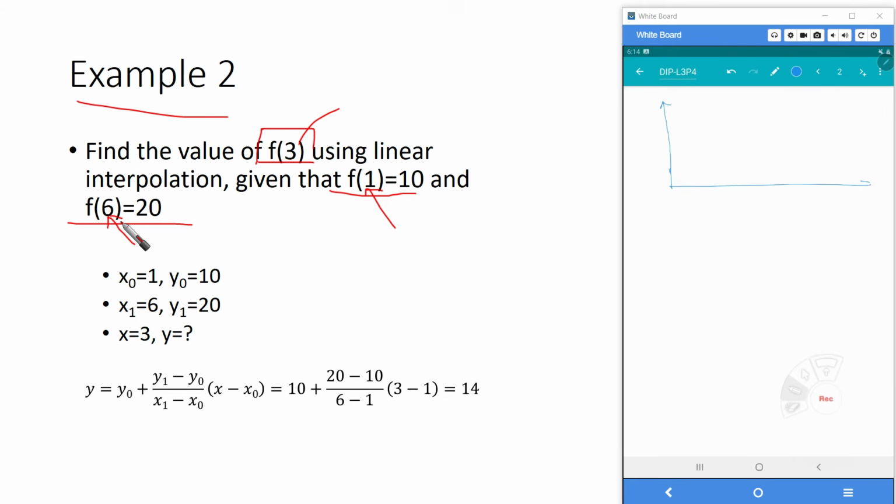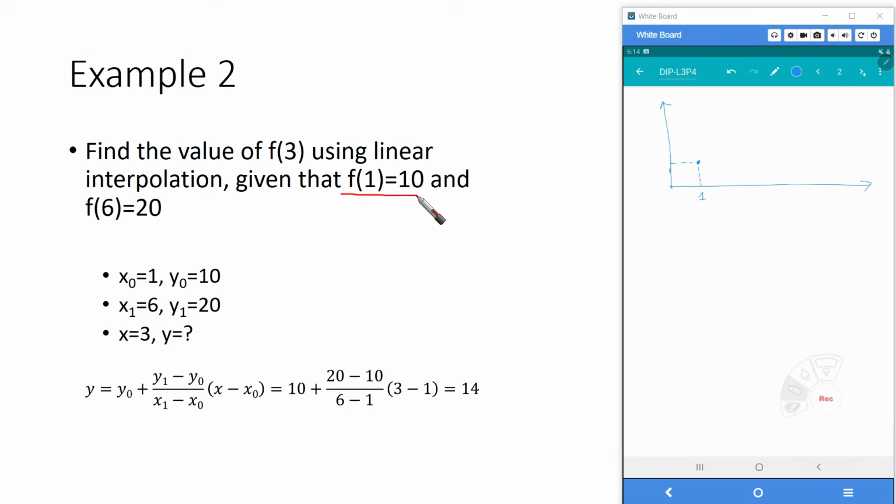I draw it in this way. We have a given point, the very first point, this one, right? At 1 it is 10. So let's say this is 1, and this is an arbitrary function. We don't know the function, just 2 points of that function are given.